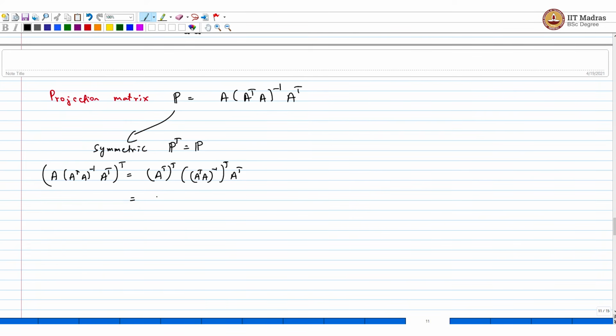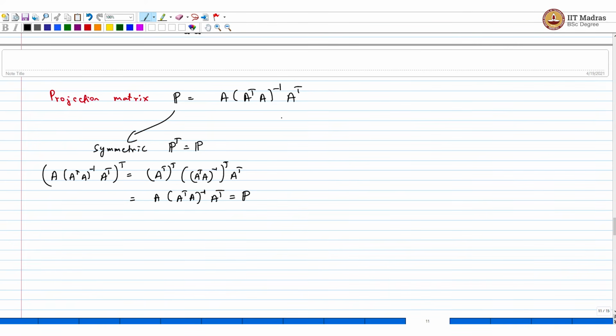This is equal to A into A transpose A inverse A transpose. The point is A transpose A is a symmetric matrix, so its transpose is going to be itself. Then you are left with A transpose. This is nothing but P.